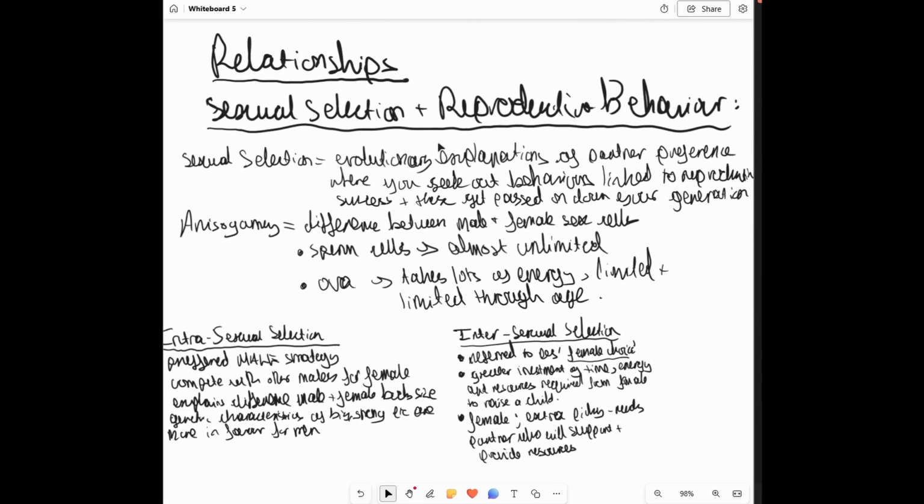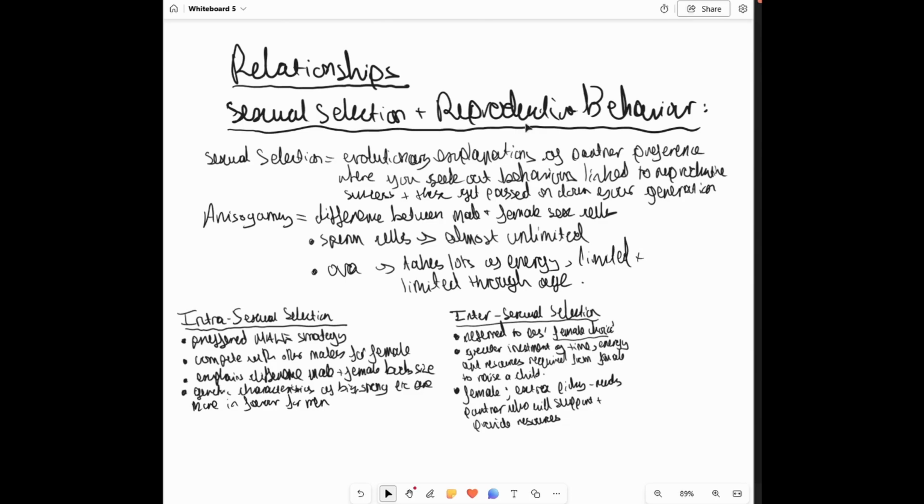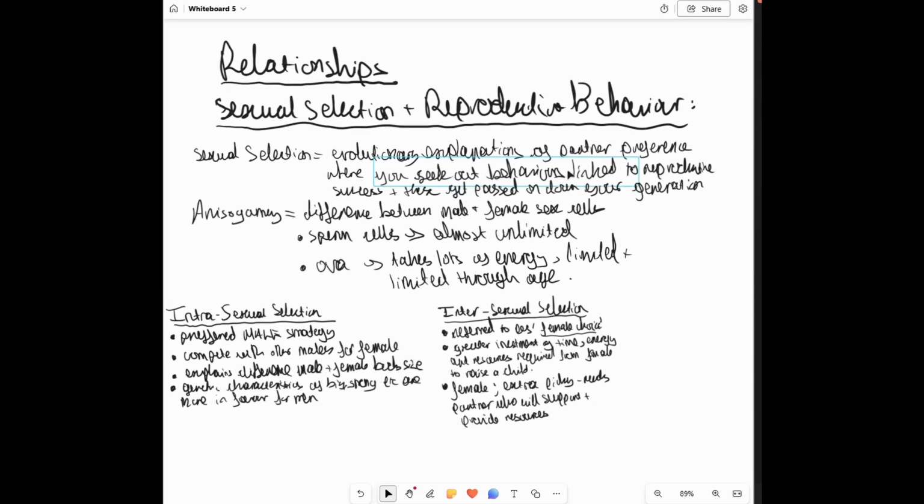the first subtopic of relationships is sexual selection and reproductive behaviour. From sexual selection, you can basically guess it's similar to natural selection, except it's for choosing your romantic, sexual partner. So basically it's the evolutionary explanation of partner preference.